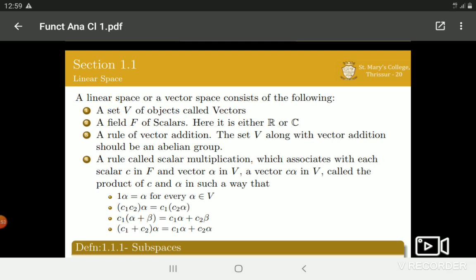Here these conditions are the distributive and associative conditions for the scalar multiplication operation.